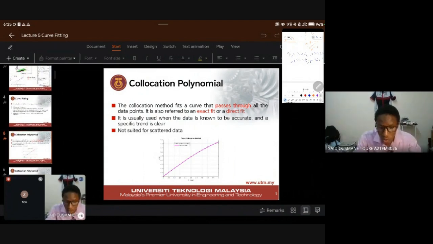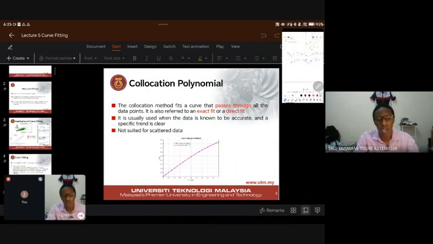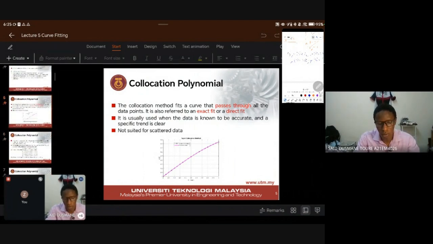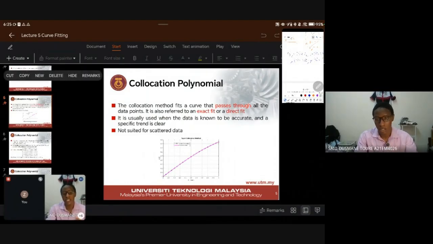To do that, you need curve fitting. So you have multiple ways of finding it, like I already mentioned. First of all, the easiest is to go for collocation polynomial. Easiest. If they don't ask you any sort of method, just go for that.